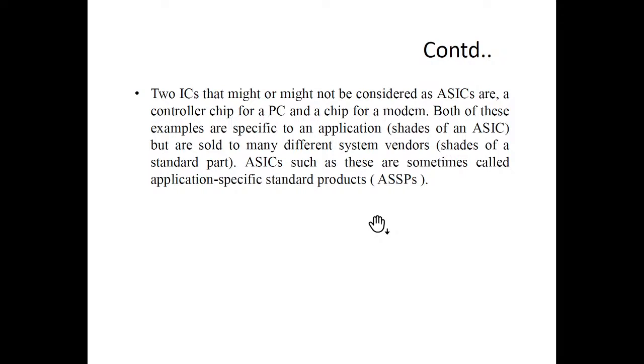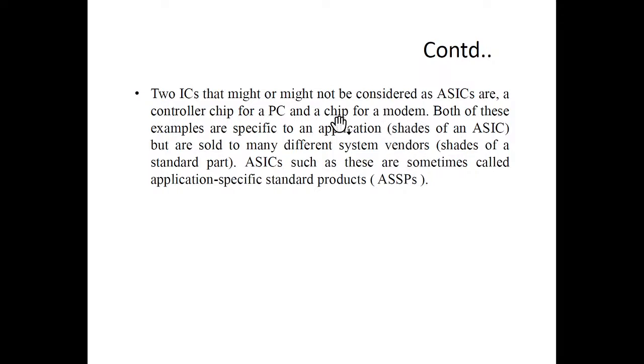Now, the next point: two integrated circuits that might or might not be considered as ASIC are a controller chip for a PC and a chip for a modem. It means there are two types of integrated circuit. One is used for controlling purposes in a personal computer, and another one is used in the modem.